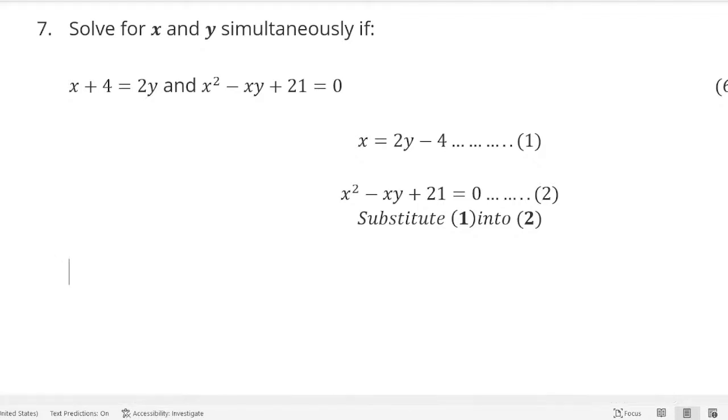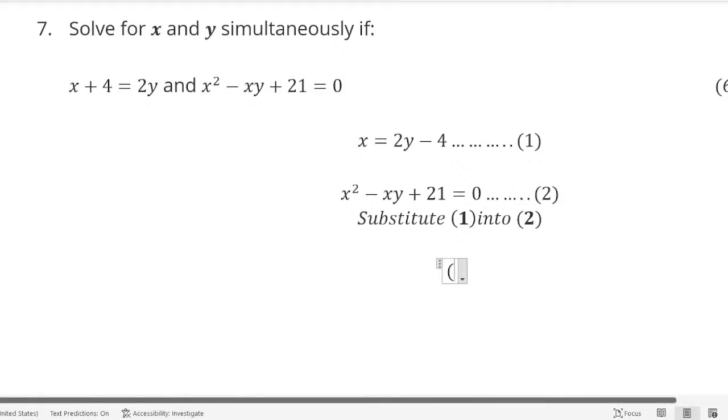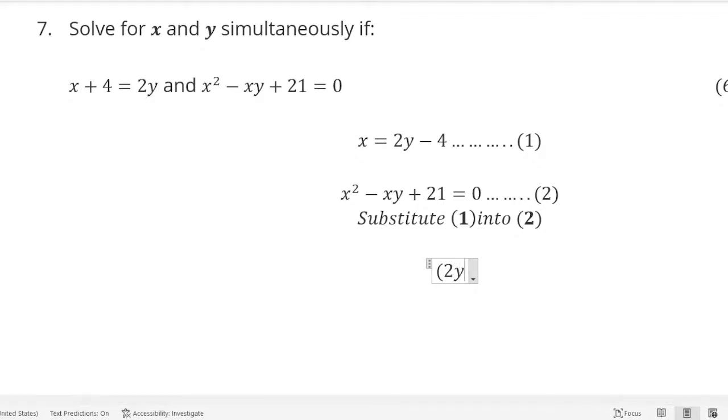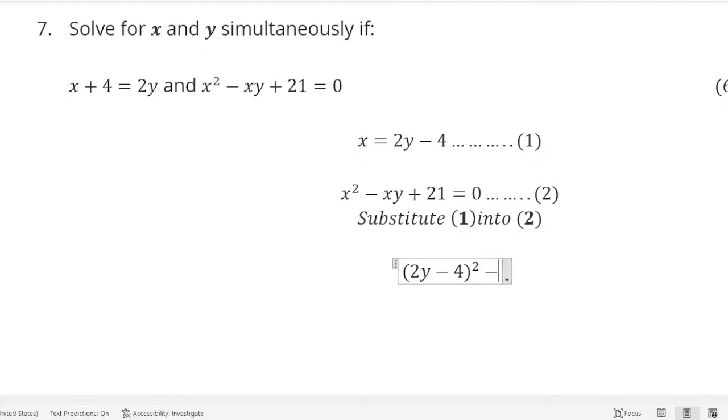So here we're going to have, remember we have x squared there, so it's going to be 2y minus 4 all squared, minus 2y minus 4 into y, plus 21 is equal to 0.